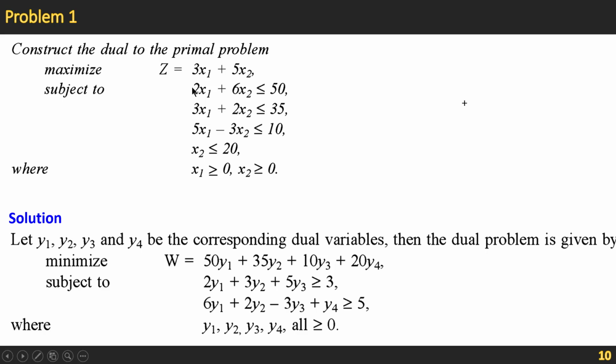Next, this 3 and 5 will go on the right side and it will become greater than or equal to 0. And 2 and 6 will become a column, the 3 2 column, and the 5 and minus 3 column in this way. And the last one in this case is x2. The coefficient of x1 is 0, so here it will become 0 and 1.